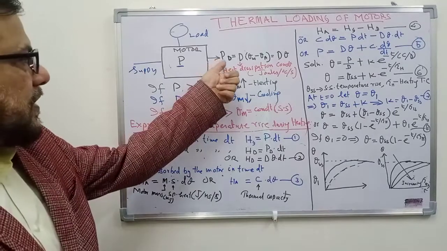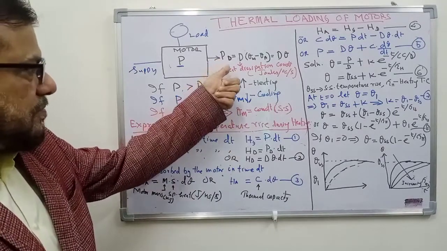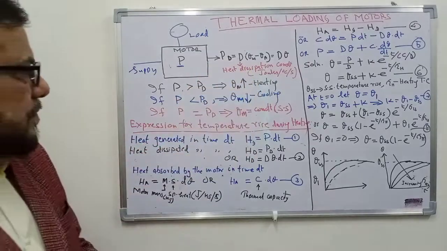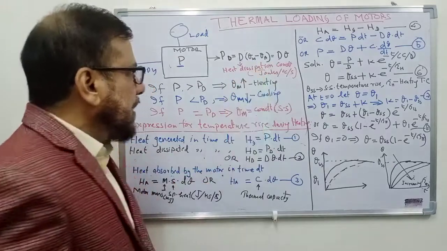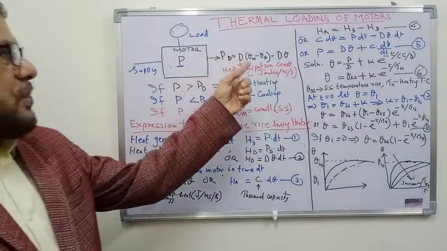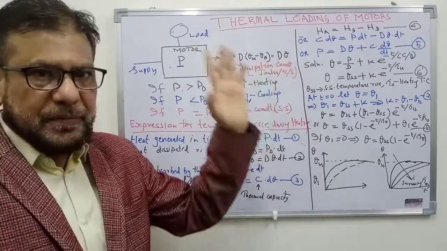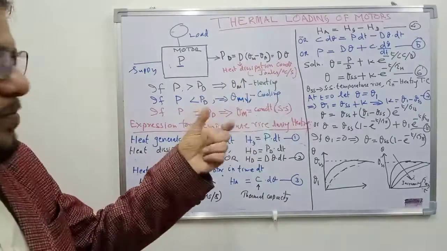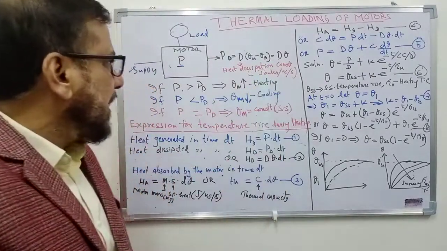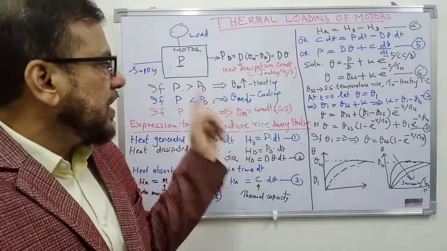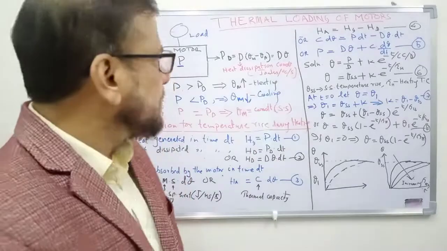So you can say that the heat dissipation rate, that is heat dissipated per unit time, is given by D multiplied by the difference in motor temperature and ambient temperature. That we may call as temperature rise theta. So it depends on that temperature rise, and a constant D that we call as heat dissipation constant in joules per degree centigrade per second.